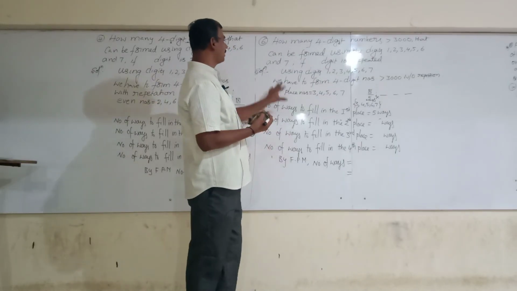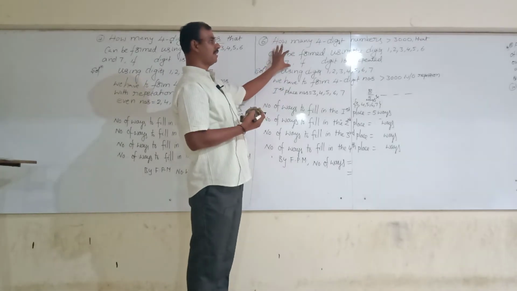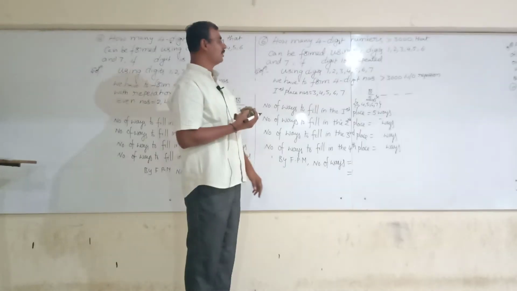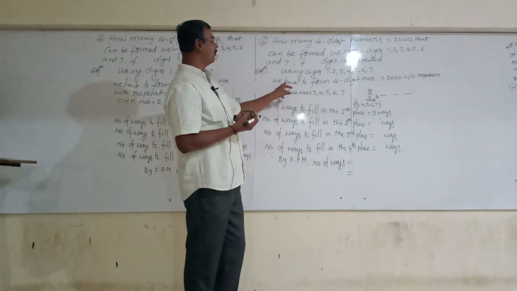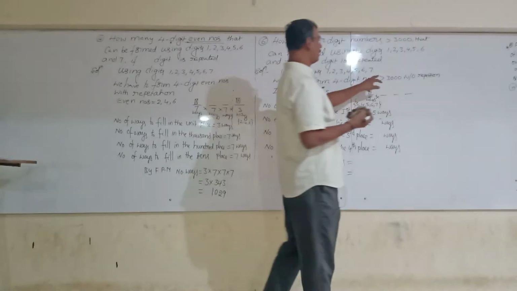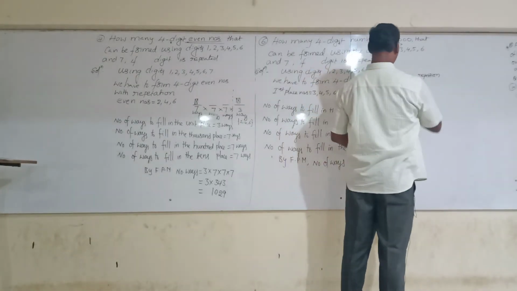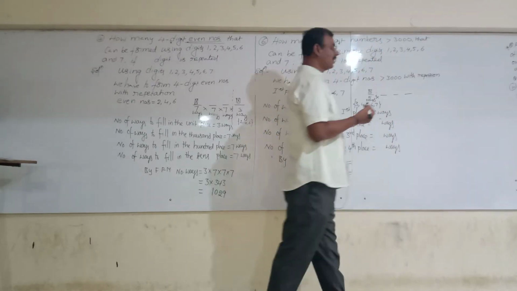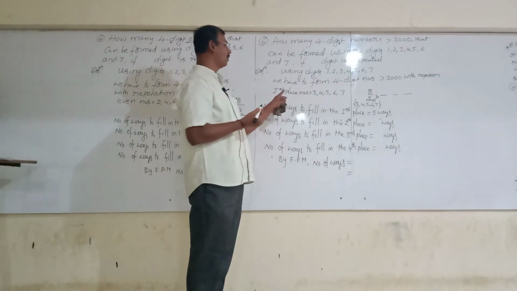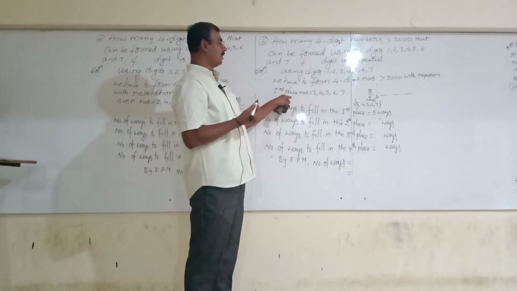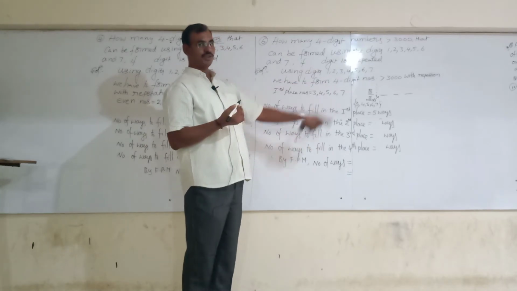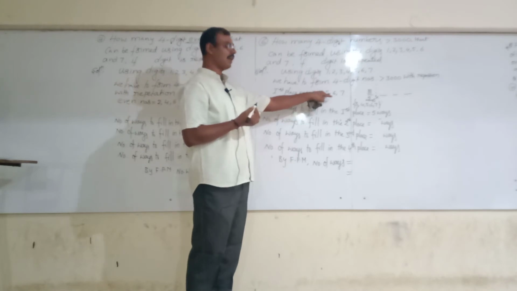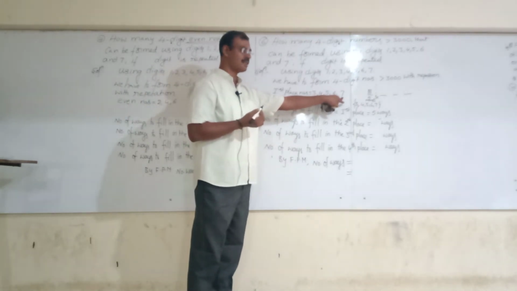So here, once again I explain the digit-repeated model. Take the given digits 1 to 7. We should form 4-digit numbers more than 3000 with repetition. Which numbers should come in the leading position? 3 is allowed, 4 is allowed, 5, 6, 7 are allowed.